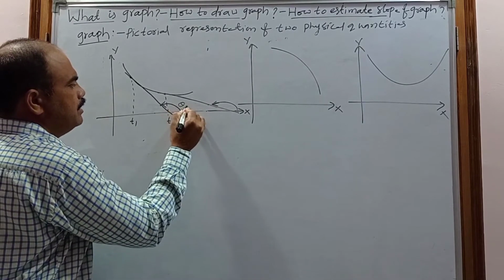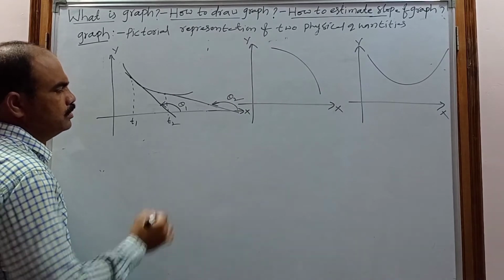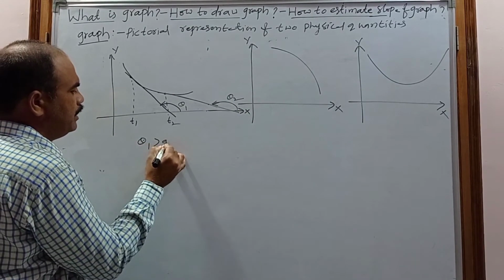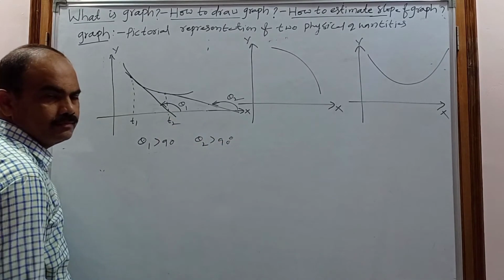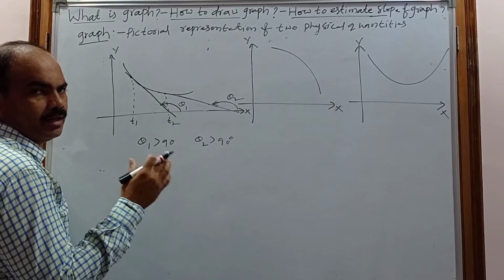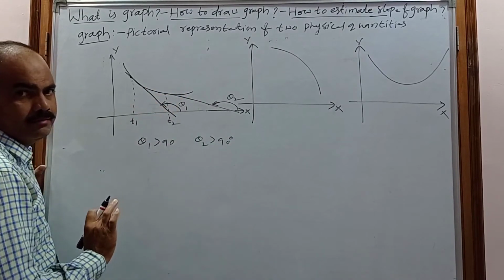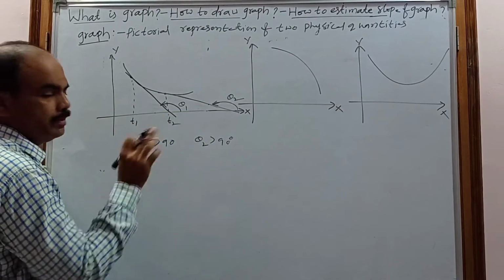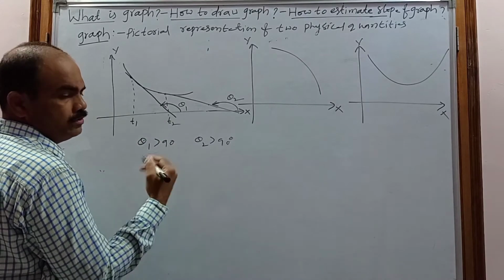Here consider this is theta 1 and this is theta 2. Here theta 1 is greater than 90 degrees and theta 2 is also greater than 90 degrees. So generally the angle made by the tangential line is measured with the x-axis in the anti-clockwise direction, not the clockwise. Remember.